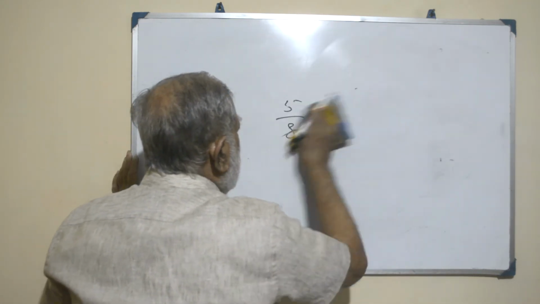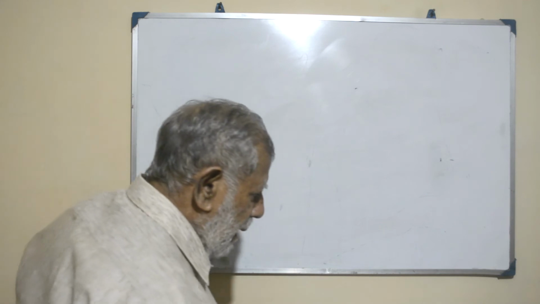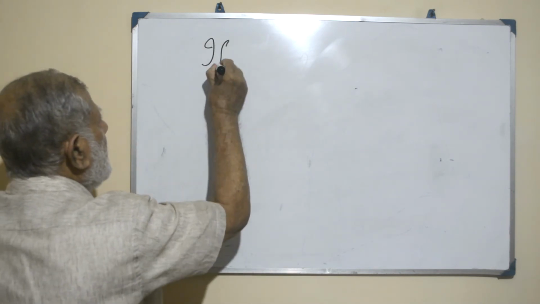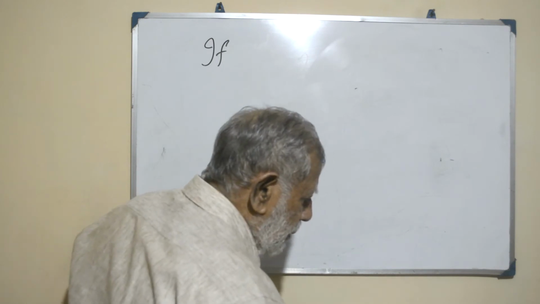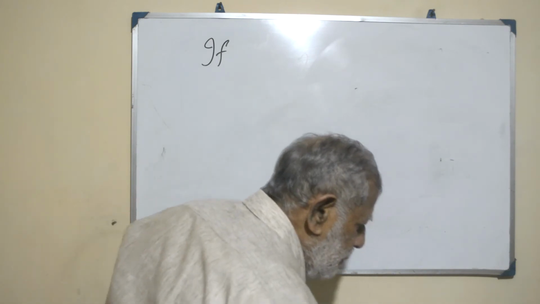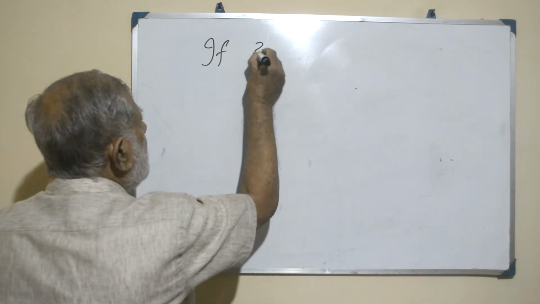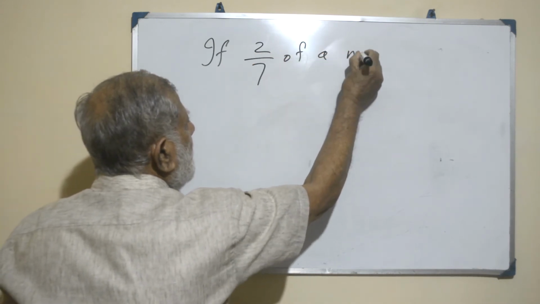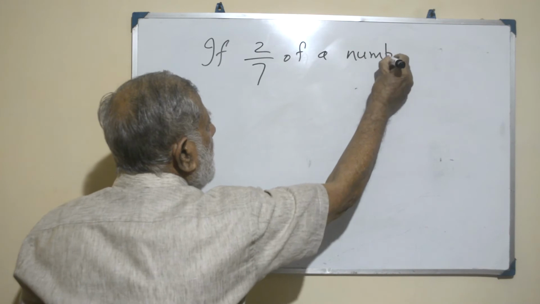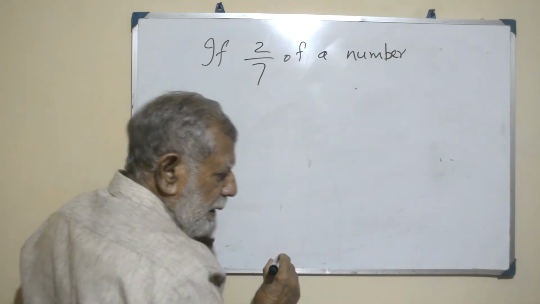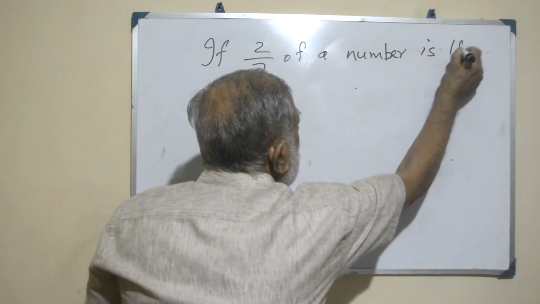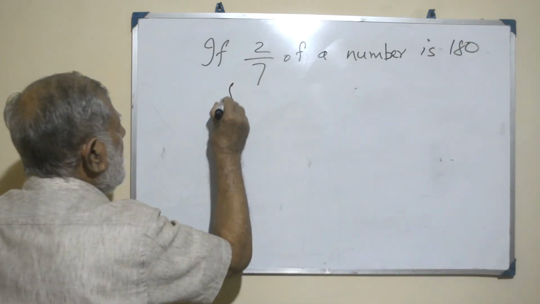Now we will take a different one. If 2/7 of a number is 180, find the number.